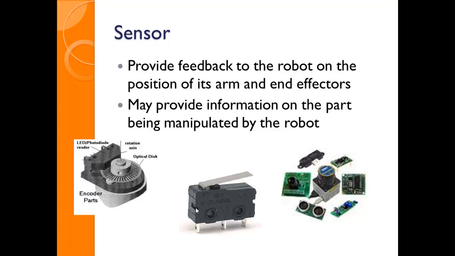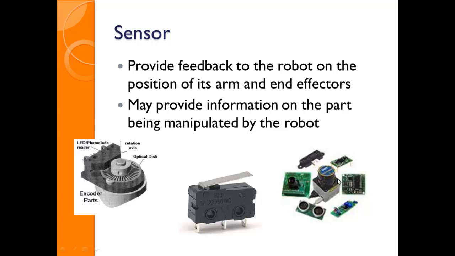All right, sensors provide feedback to the robot on its position. Okay, that would be internal. They may also provide information on what's outside. All right, so if we look at an encoder, we use that to determine the motor position, and limit switches. So these two things are on all the motors of the robot to help control the position and control the homing.